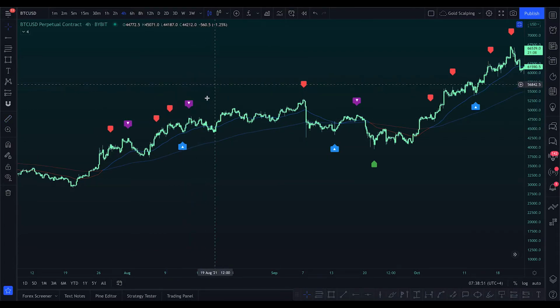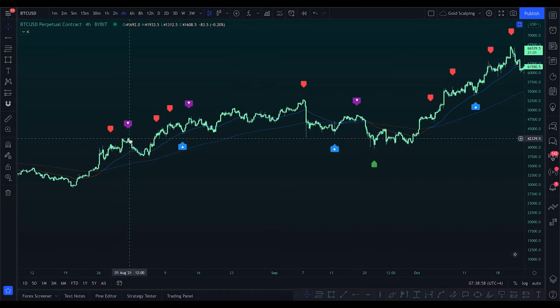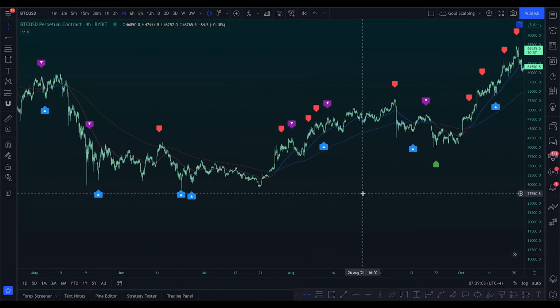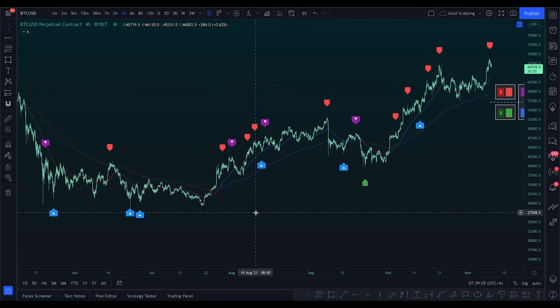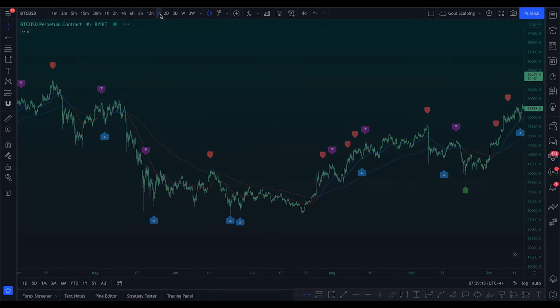Reversal on 4 hours, 10%. Reversal on 4 hours, another 7%, right? Reversal, 4 hours, 10%. So what I love to see on this indicator is when both combine, right?